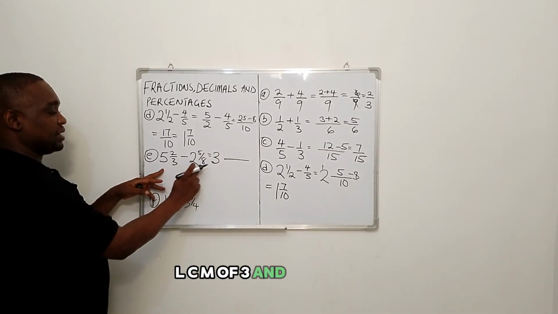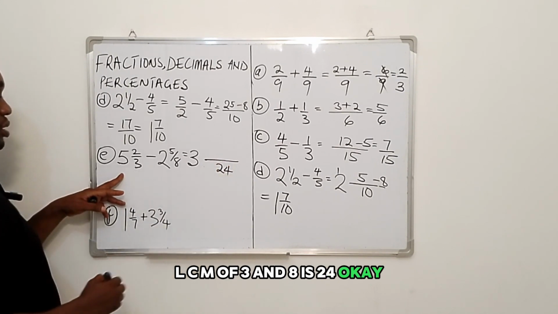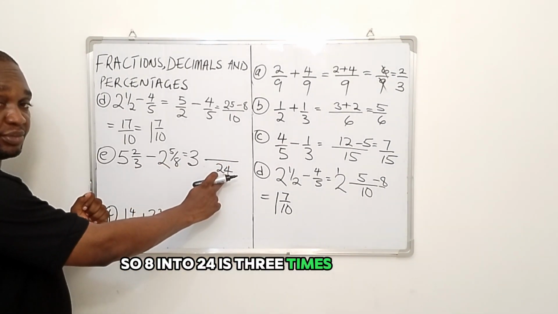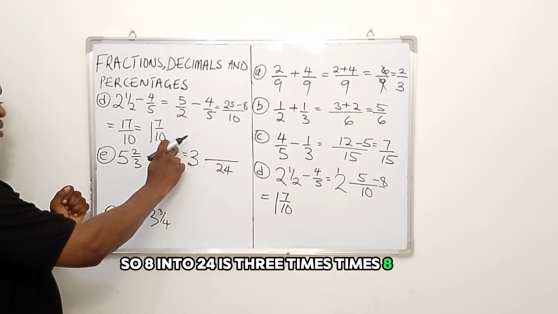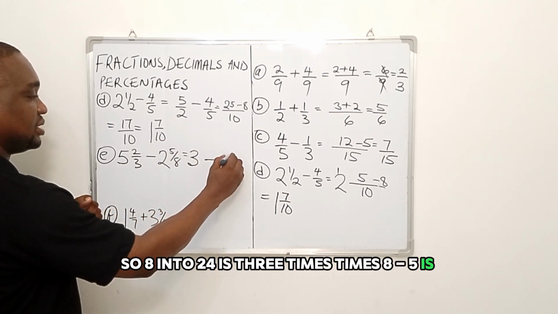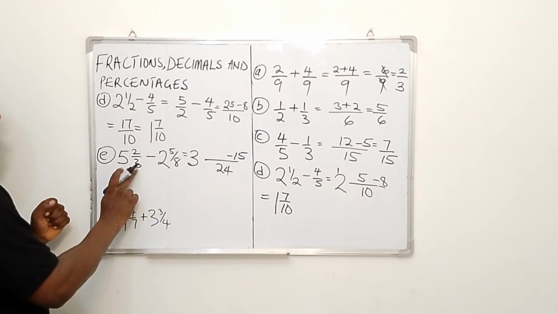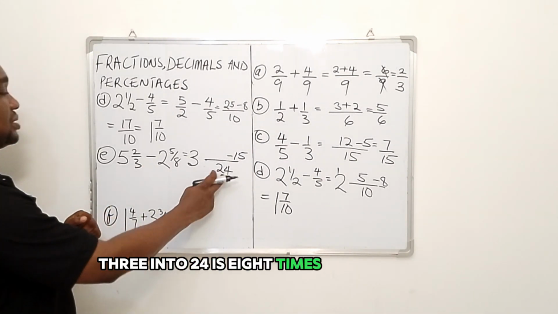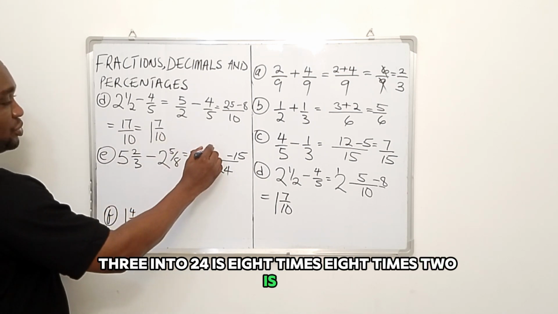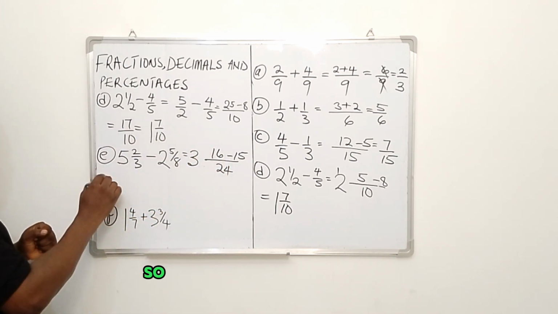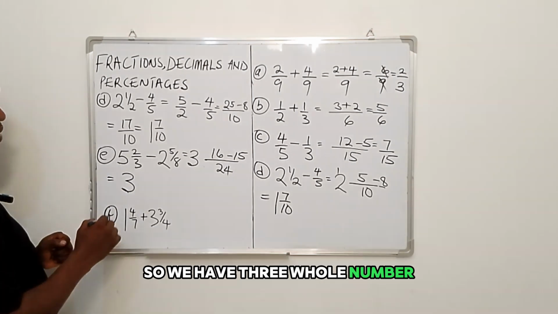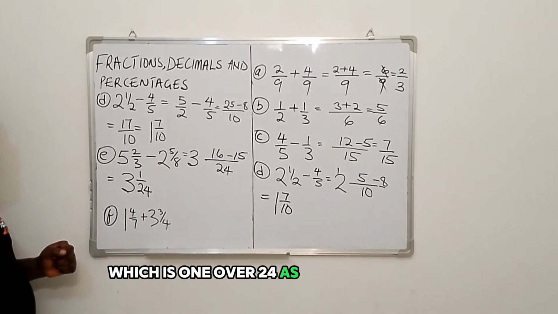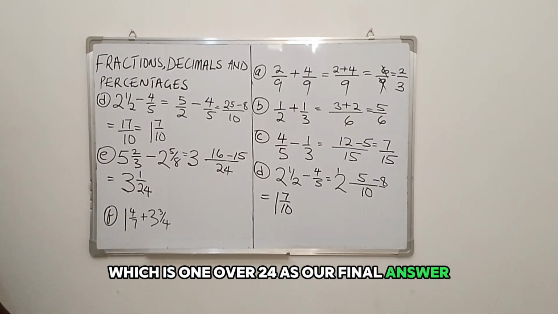The LCM of 3 and 8 is 24. 8 into 24 is 3, times 5 is 15. 3 into 24 is 8, times 2 is 16. 16 minus 15 gives 1. So we have 3 whole number 1 over 24 as our final answer.